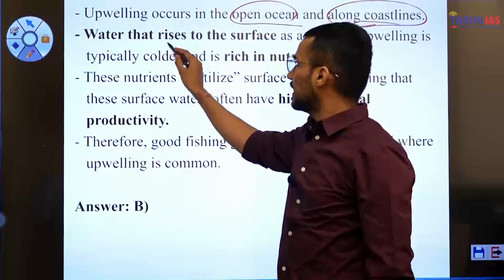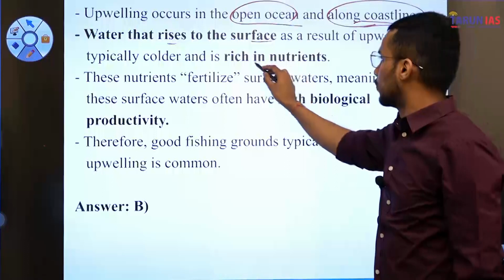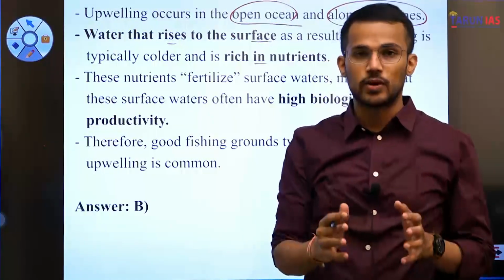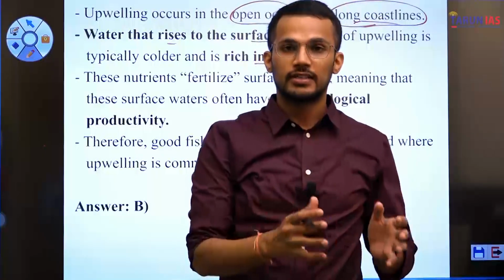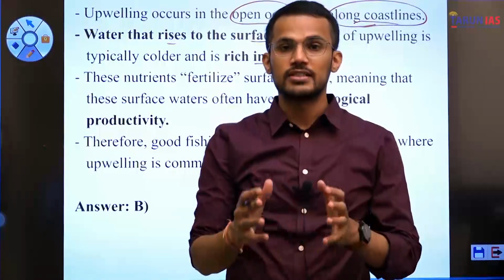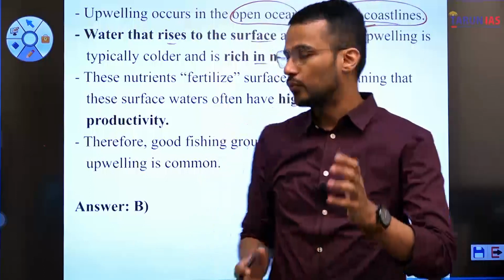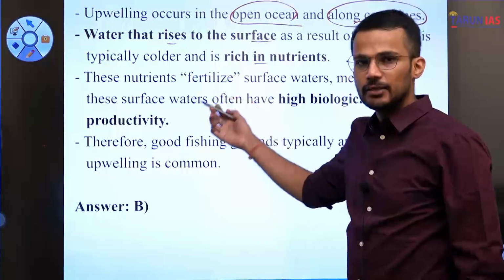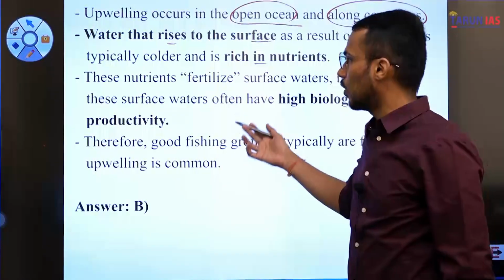Next, water that rises to the surface is rich in nutrients. It is rich in nutrients, and that's why the surface water is getting more nutrients, which are used up by the producers in the upper layer of the water.